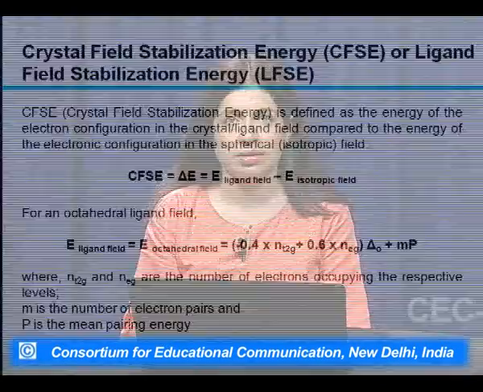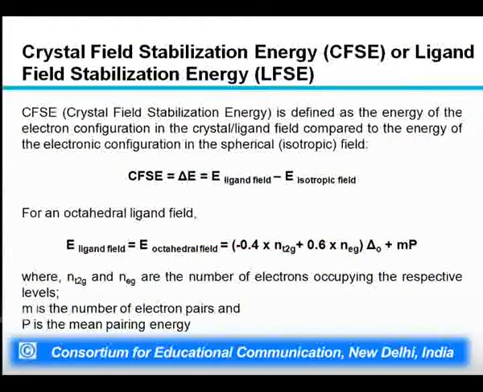Now, this decrease in energy of the system because of the splitting is given a term called crystal field stabilization energy. Crystal field stabilization energy is defined as the energy of the electronic configuration in the crystal or the ligand field compared to the energy of the electronic configuration in the spherical or the isotropic field.